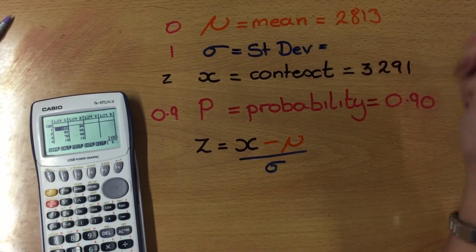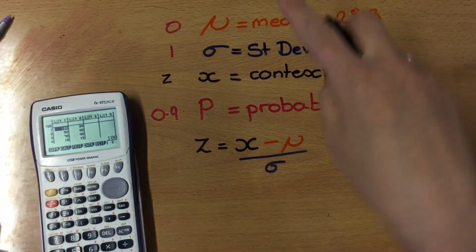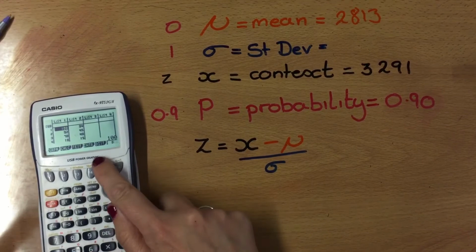Because if you make your mean 0 and your standard deviation 1, then you get z as your standardized variable.